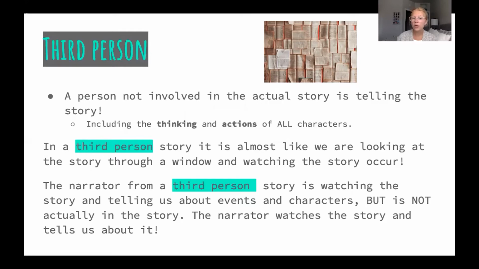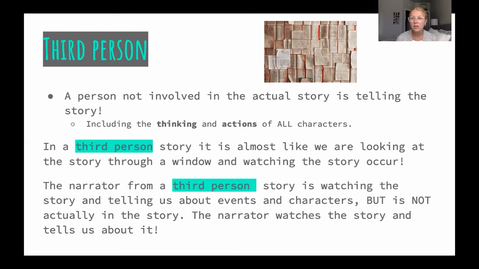That is a really good way to think about a third person story. We are not in the story, but we are being told the story from someone who is outside of the story just like us.